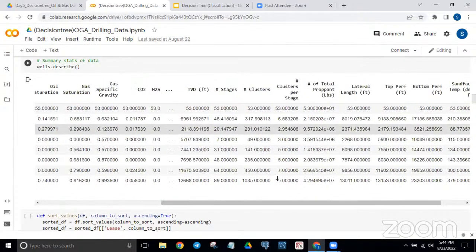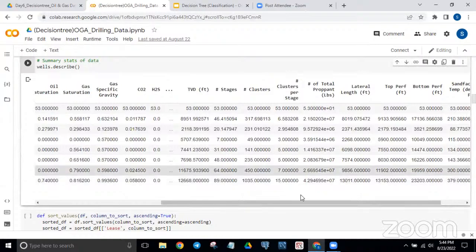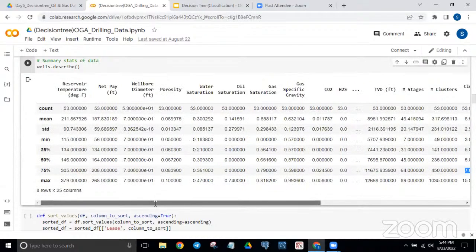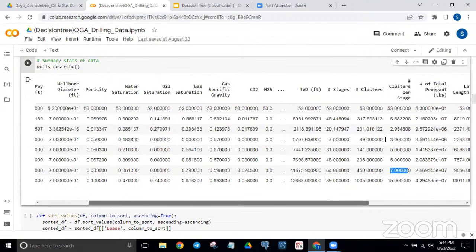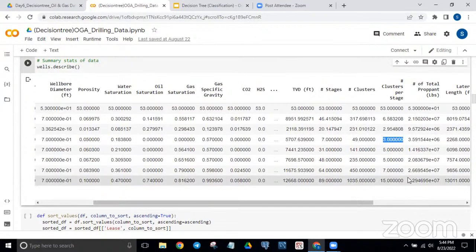When it comes to cluster stages, the maximum value is 15 and the minimum value is 3. As per the norms or the technical aspects, we can take something like 3 to 8, but here we have taken up to 15 clusters per stage. That also we have to look into.